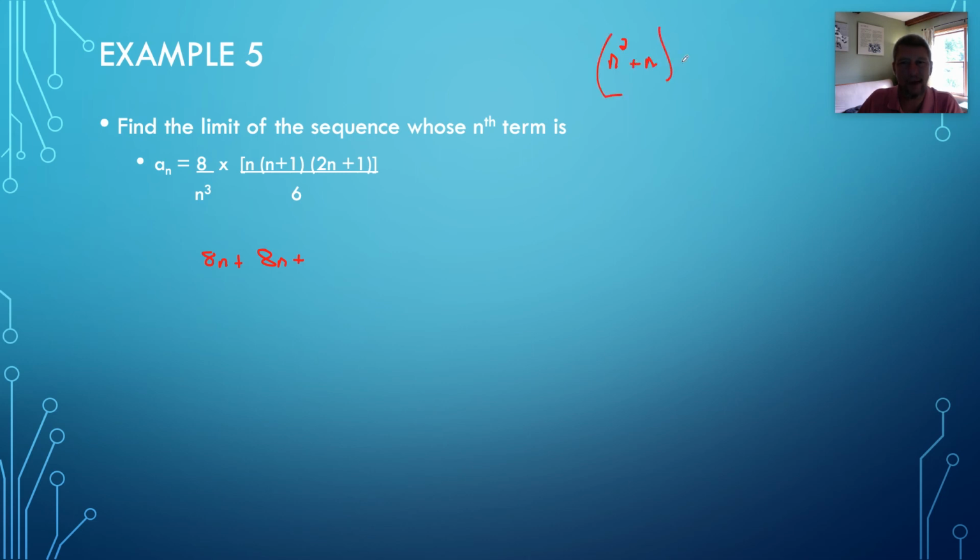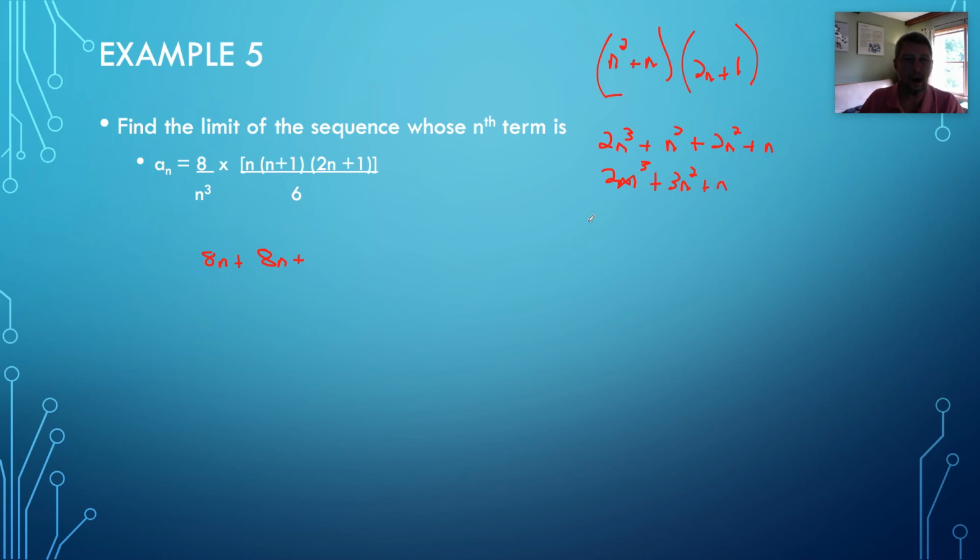And if I multiply that by 2n plus 1, I'm going to get 2n cubed. That's the first. The outer is going to be n squared, plus 2n squared plus n. So 2n cubed plus 3n squared plus n.